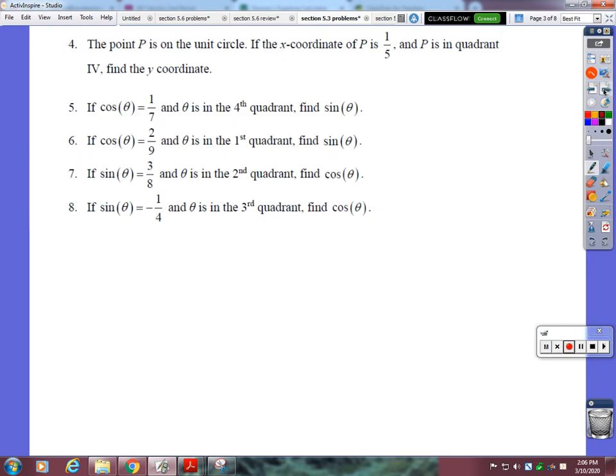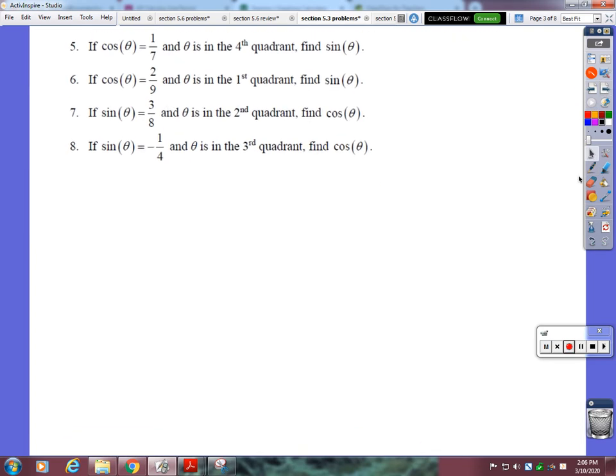All right, so let's take a look at the rest of them. So what we can do now, and this is what you guys were talking about, if I know that the cosine is 1 over 7, the 1 is what?